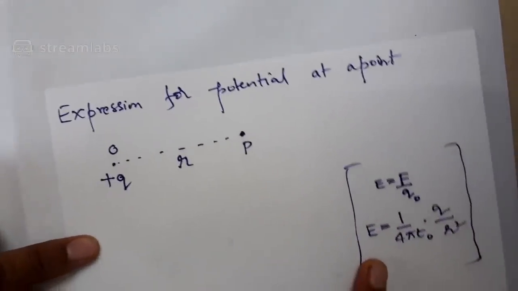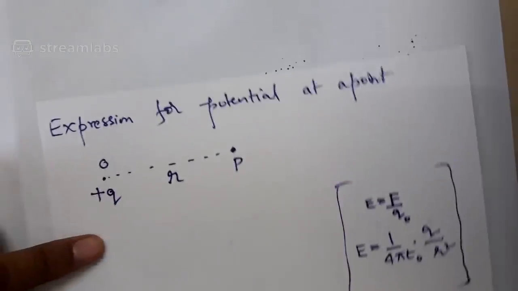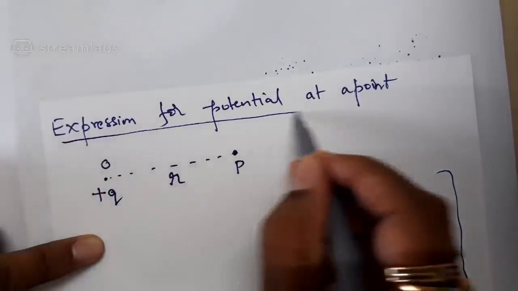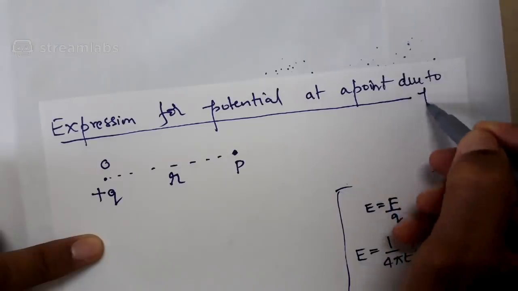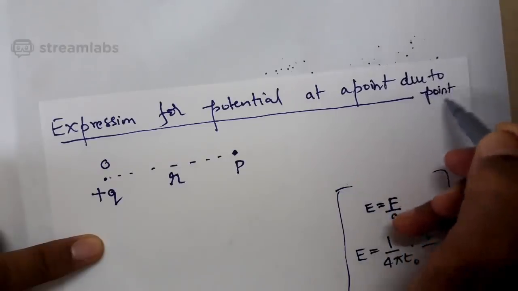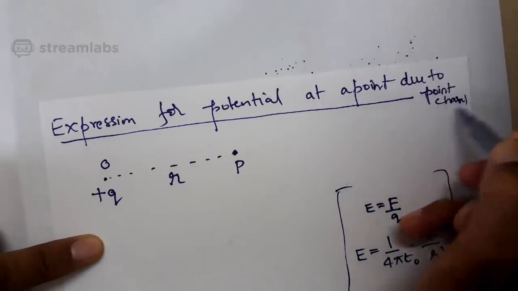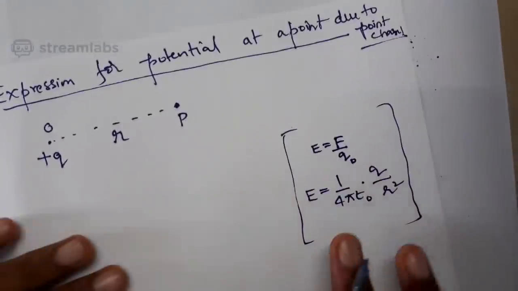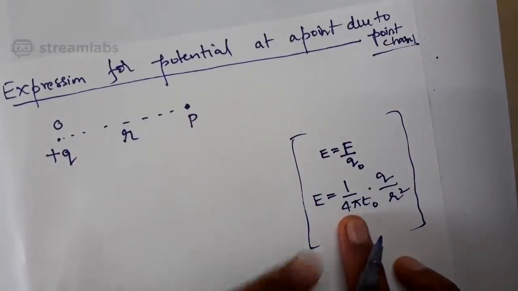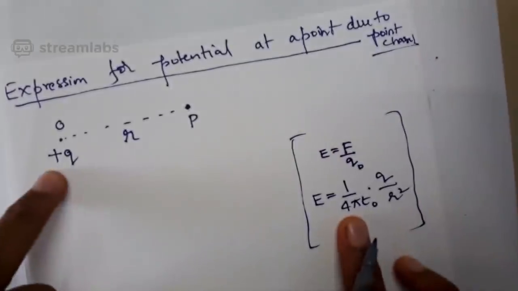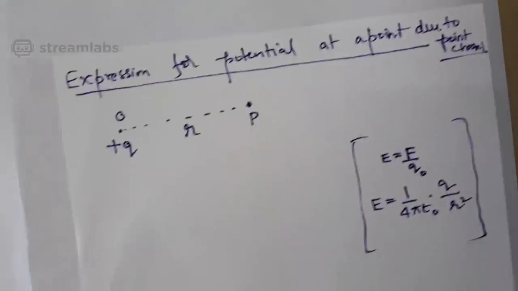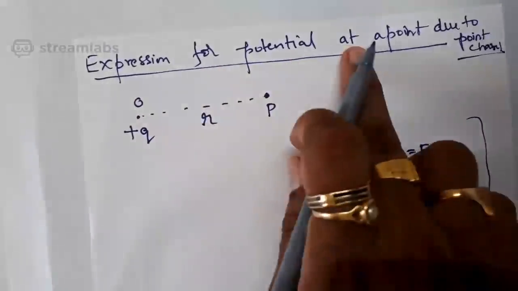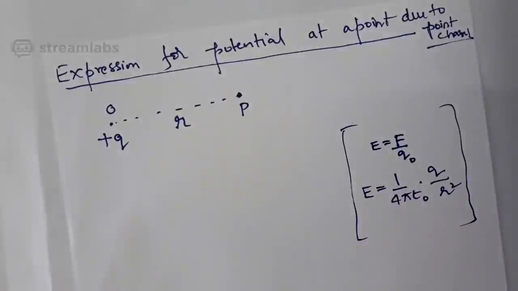P, because here this E is electric intensity at point P. Now my aim is to derive an expression for electric potential at a point due to a point charge. This was an expression for electric intensity at a point P due to a point charge. Now my main aim in the next discussion is deriving an expression for electric potential at a point due to a point charge.